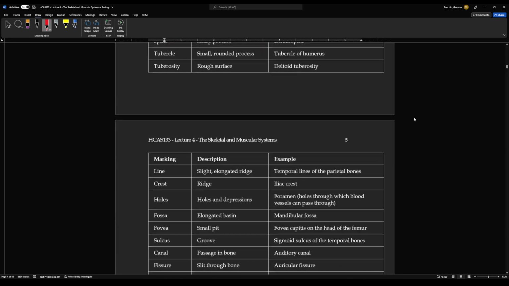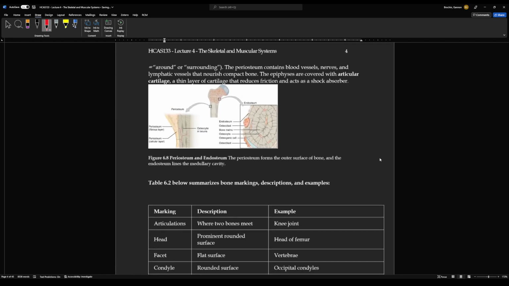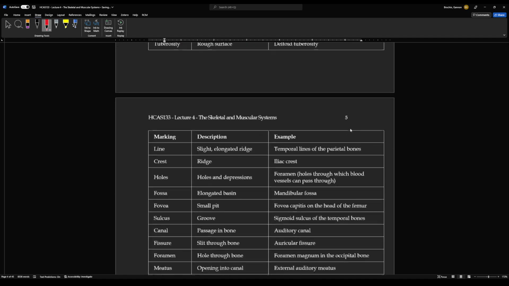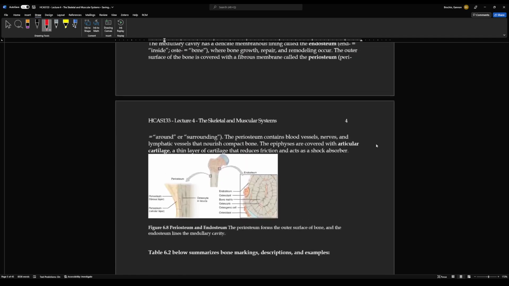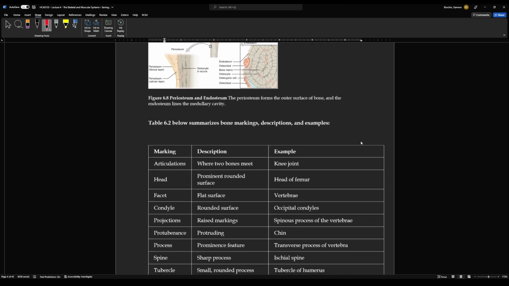So looking here, next we have some terms that are describing various features on a bone. You can obviously go through all of these on your own. They're relatively straightforward, but in general, the generalized term to talk about where anything attaches to a bone is the apophysis.